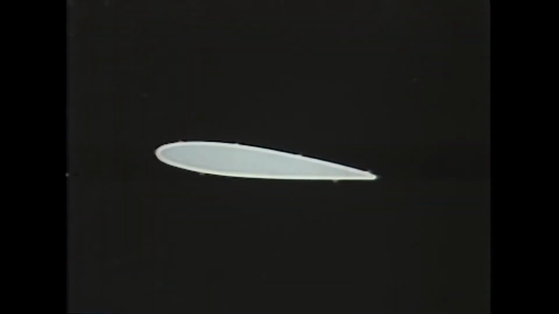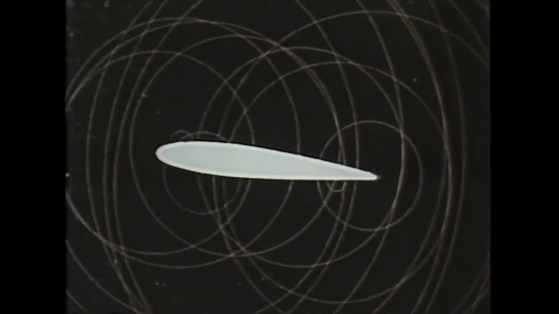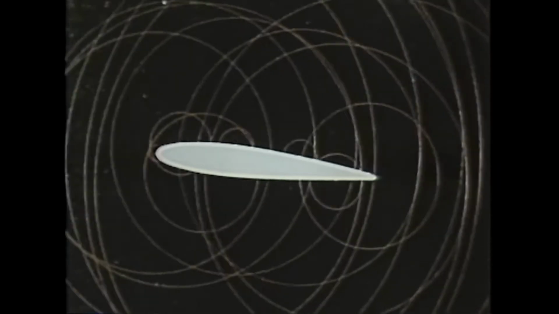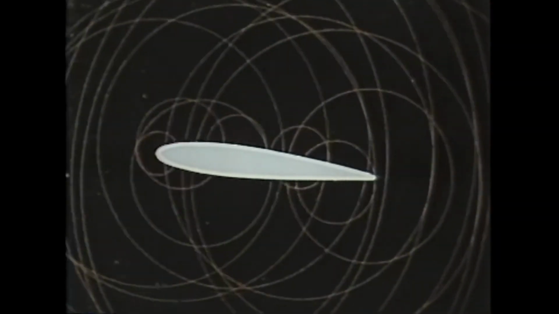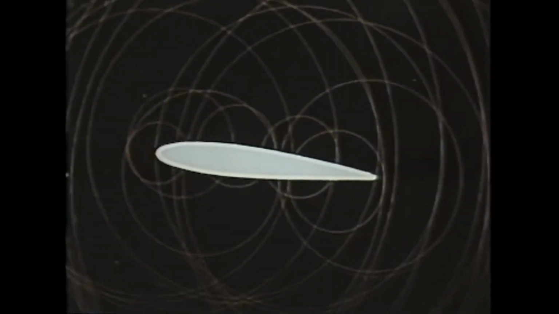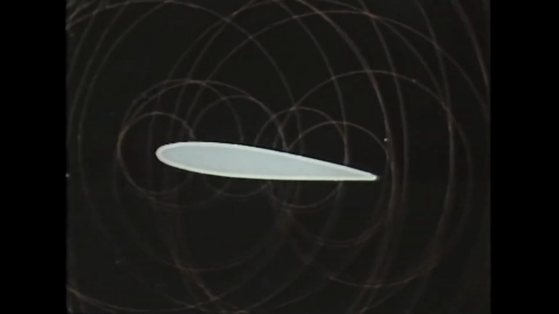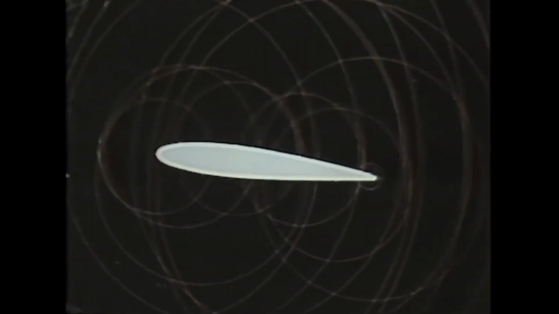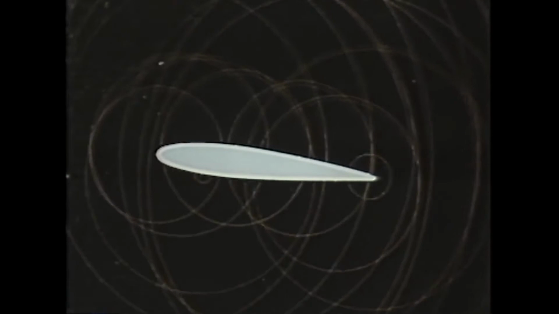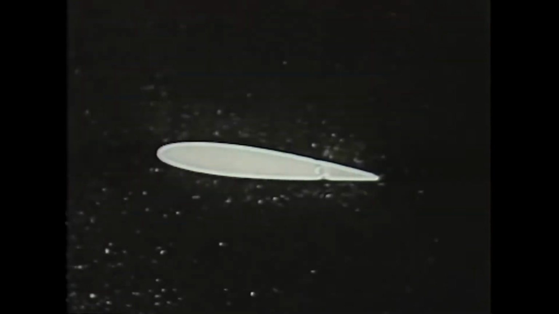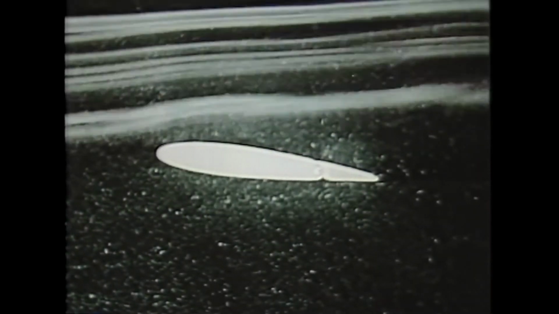Now look at the wing again. Every point on it, by traveling through the air, sets up tiny disturbances which move outwards as pressure waves at the speed of sound. And parts of these disturbances reach the air ahead of the wing. Here, smoke is used to show how the air flows.